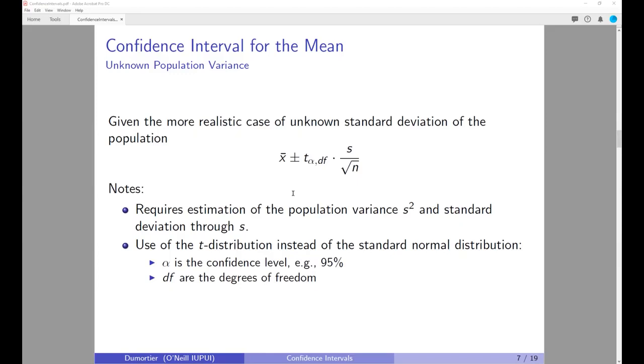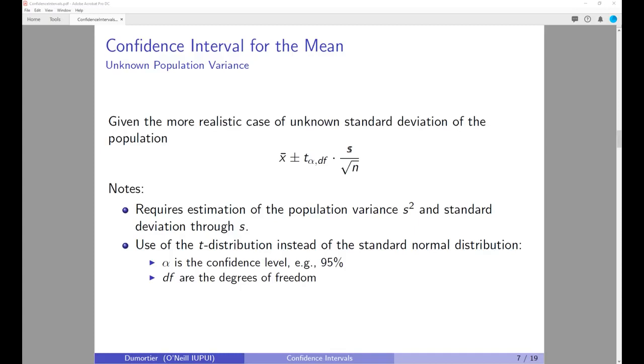Now let's move to the much more realistic case where the standard deviation of the population is actually unknown. In that case, we have to estimate the standard deviation of the population by using S. Now remember that by using S, we are dividing by n-1. This matters if the sample size is small, but doesn't matter as much if the sample size is very large.